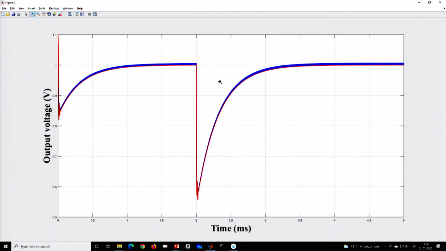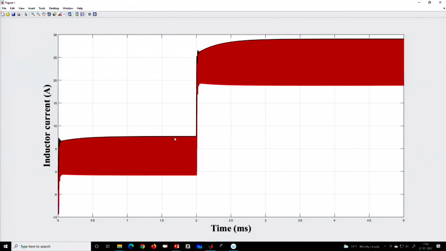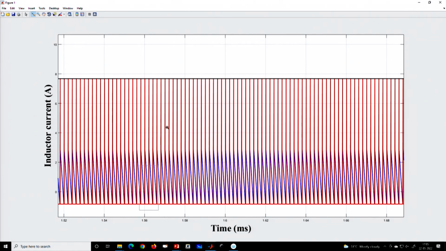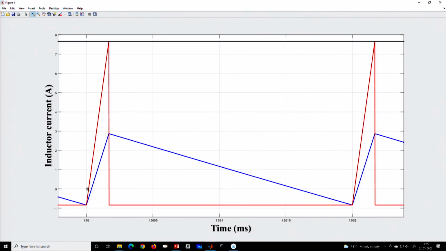Next I want to show the current waveform. So, let us go to the current waveform. If I take one complete cycle, you can see the blue one is the actual inductor current, which is the sensed inductor current, and the red one is the emulated slope, which is much higher, otherwise it will be unstable.